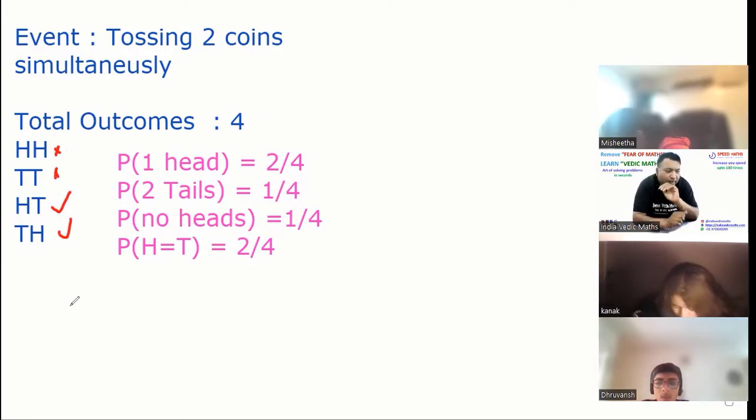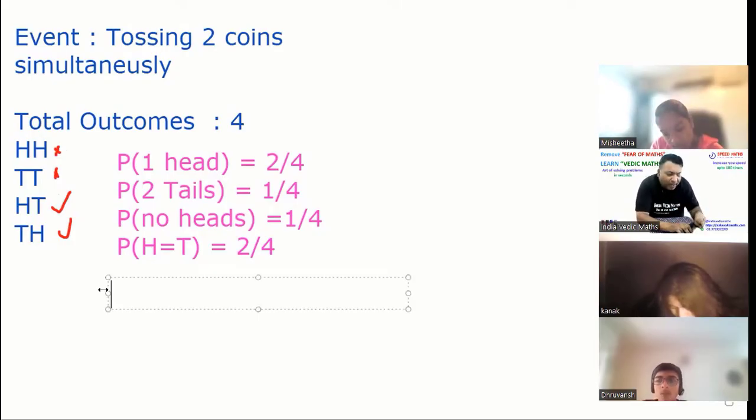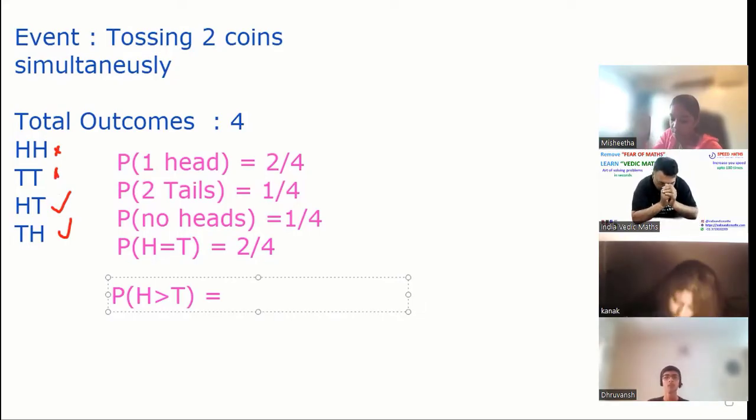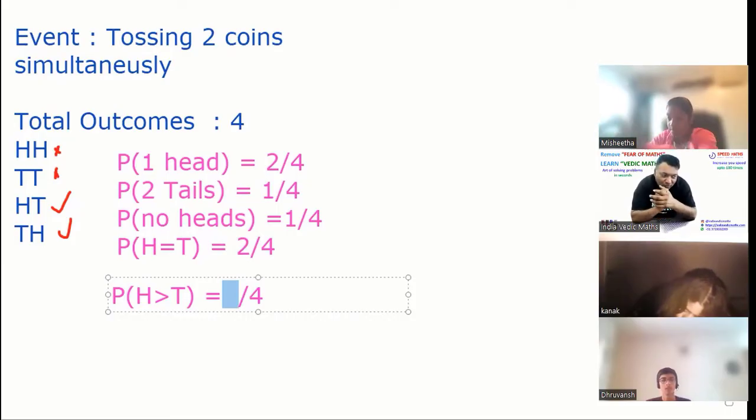Tell me, Vedant, what is the probability of getting number of heads more than number of tails? Out of these 4 outcomes, which outcome is favorable to us? Is it 3/4? No. In which outcome are heads more than the tails?